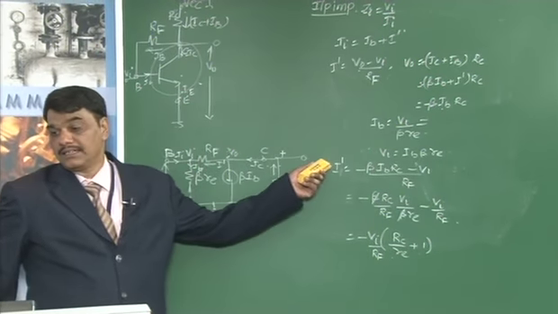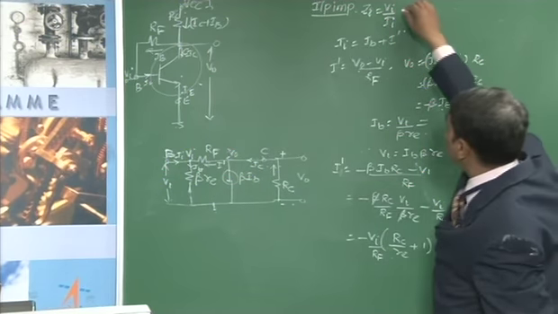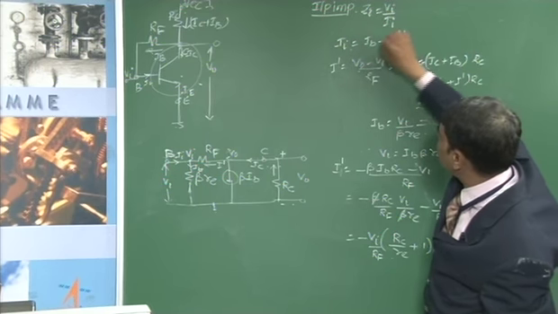Once we have found this I dash, now we have to calculate the input impedance Zi, where Zi is nothing but Vi by Ii, where Ii is given by this equation.